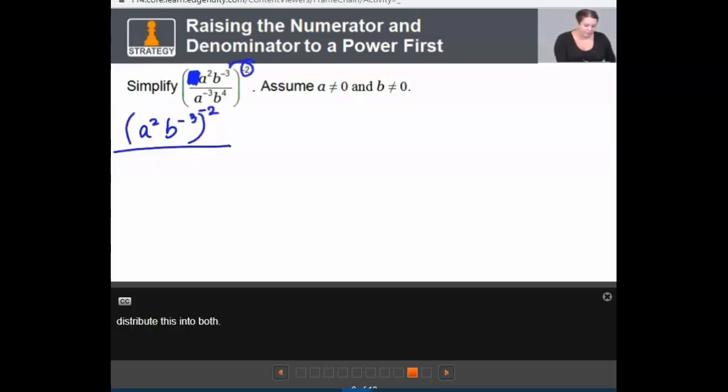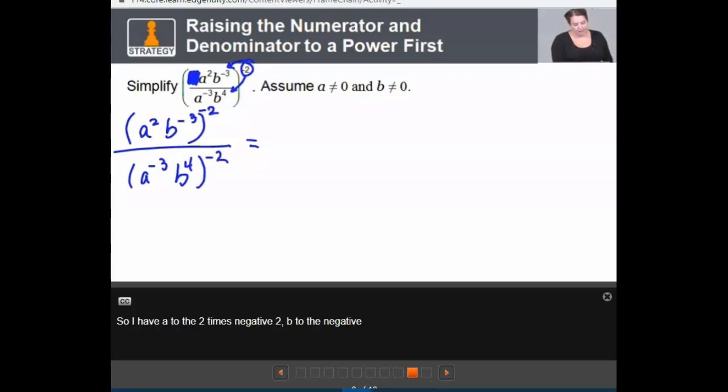And I'm going to distribute this into both. Remember, it's not just the b, it's both a and b, so I needed these parentheses. A to the negative 3, b to the fourth, raised to the negative 2. Now I'm going to distribute this negative 2 inside, right? I'm going to multiply everything inside.